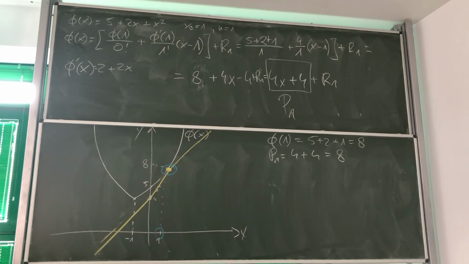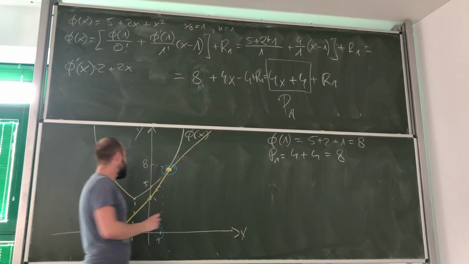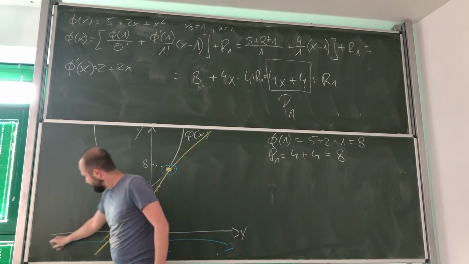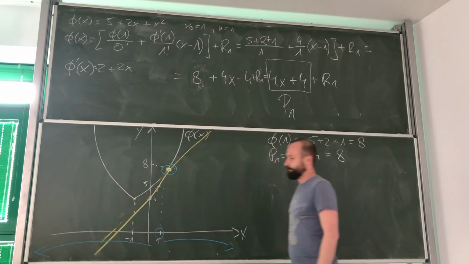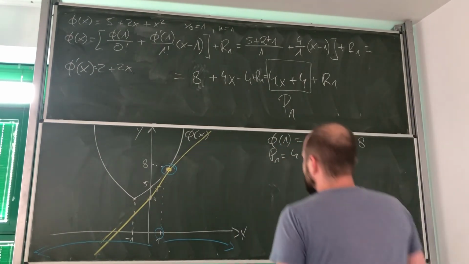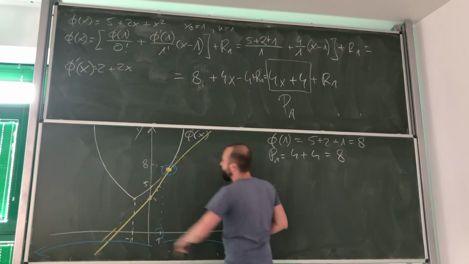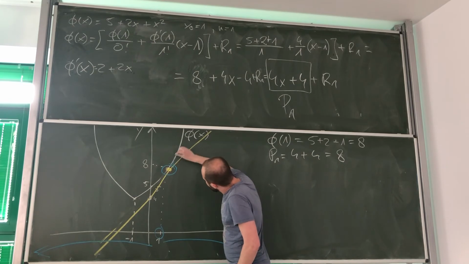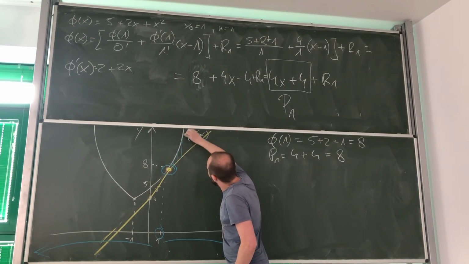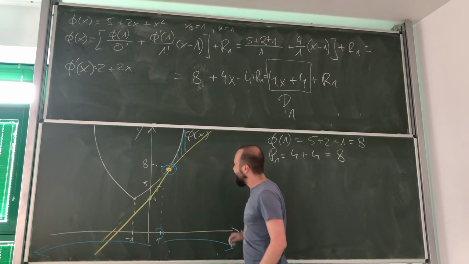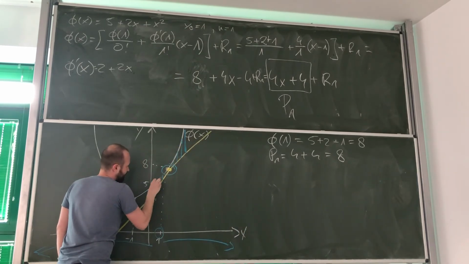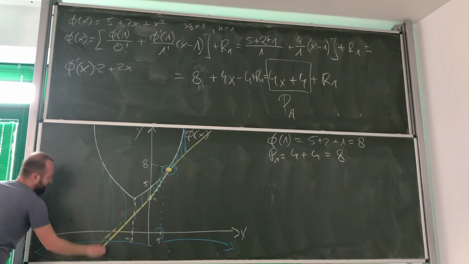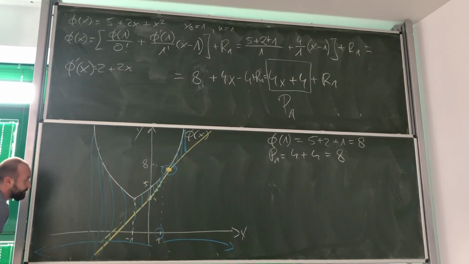And you know, the interesting thing that happens is what is happening when we move away from this point. So, what happens when we move away from 1 is that, as you see, the difference between the original function and the approximation is getting bigger and bigger and bigger.